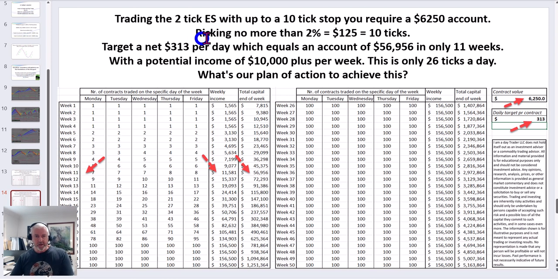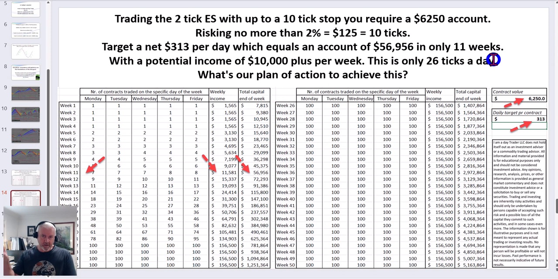So here, if we now trade the 2 tick with a 10 tick stop loss, I'm after $313 a day, rounded off. I've got a philosophy on how much to go per day, per market, per time frame, which I won't get into now. And I believe in POQ, power of quitting.